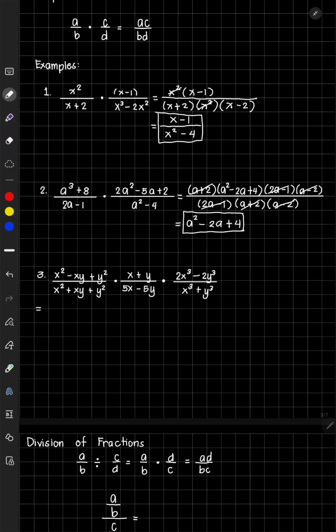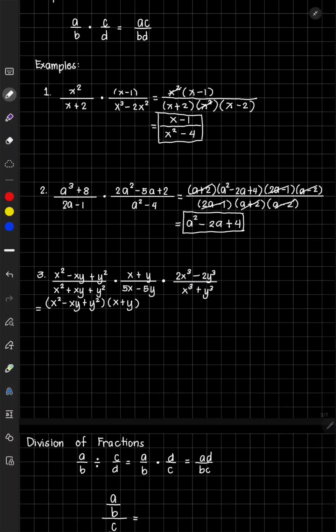So for x squared minus xy plus y squared, there's no factors for that, so let's just simply copy: x squared minus xy plus y squared. Multiplied by x plus y, which also has no further simplification. So we have x plus y.